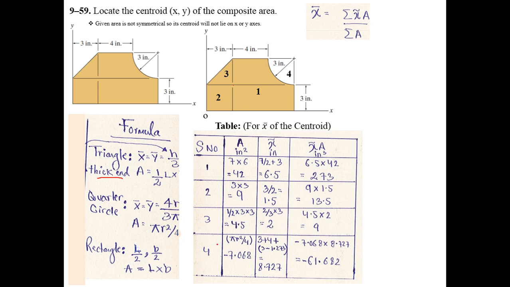First of all, calculate the area in inch square. The unit we are using is English units. So area for shape number 1, that is your rectangle, this one.